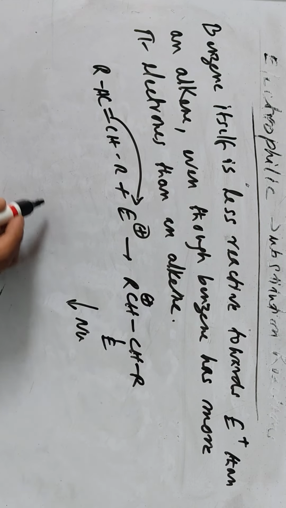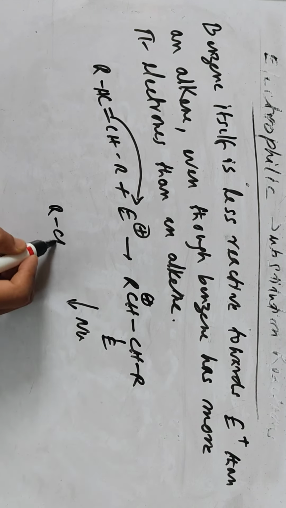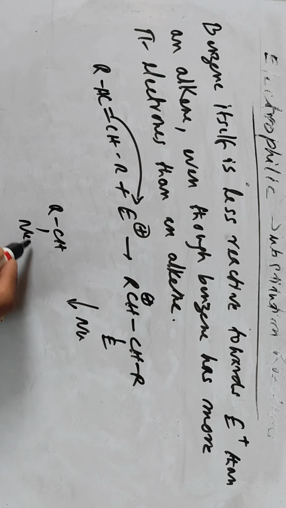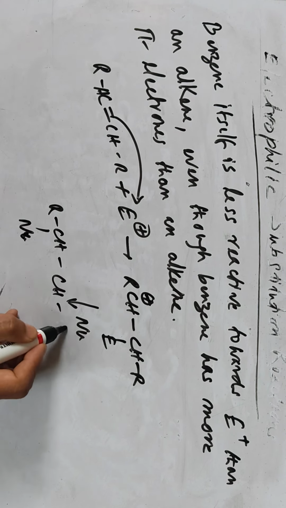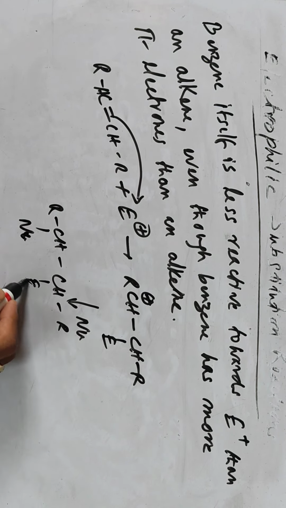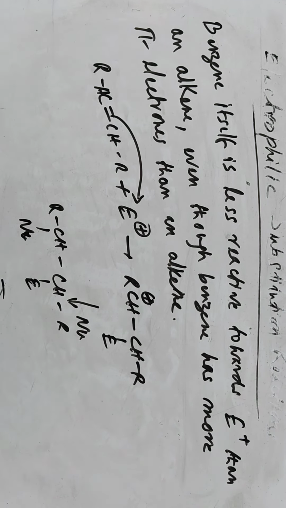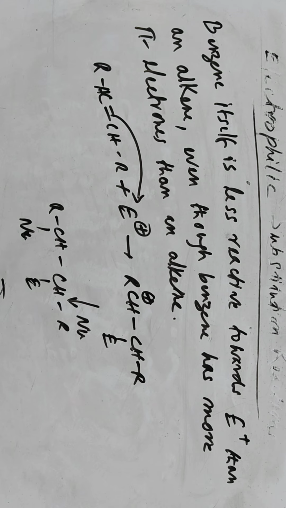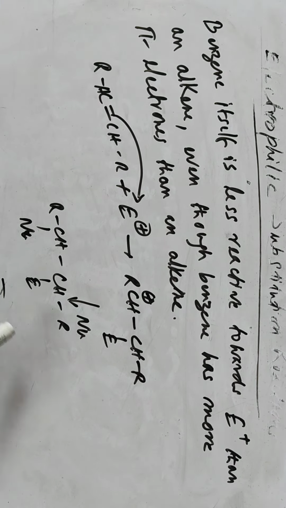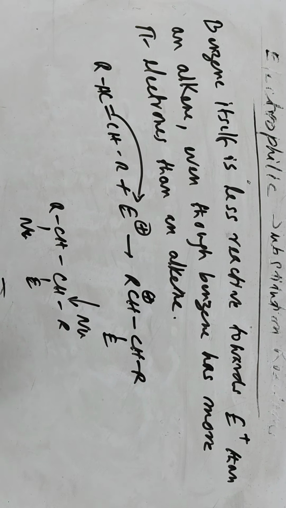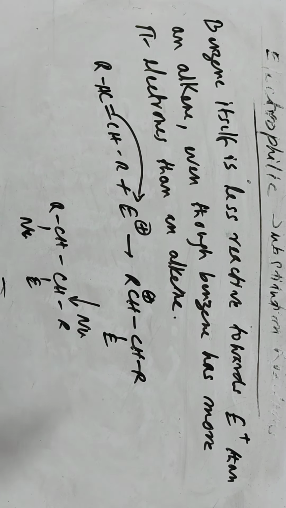So here the positive charge, we can have this R CH Nu, R CH R E. Okay, so this is how the addition type of reaction takes place in the case of alkene. But in the case of benzene, it can undergo electrophilic substitution reactions.